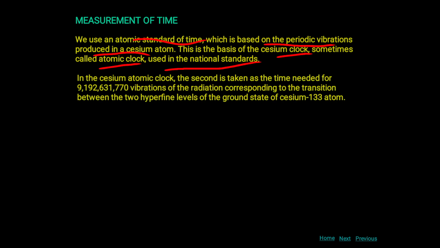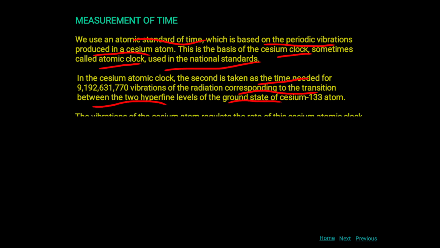In the cesium atomic clock, the second is taken as the time needed for 9,192,631,770 vibrations of the radiation corresponding to the transition between the two specific hyperfine levels of the ground state of the cesium-133 atom.